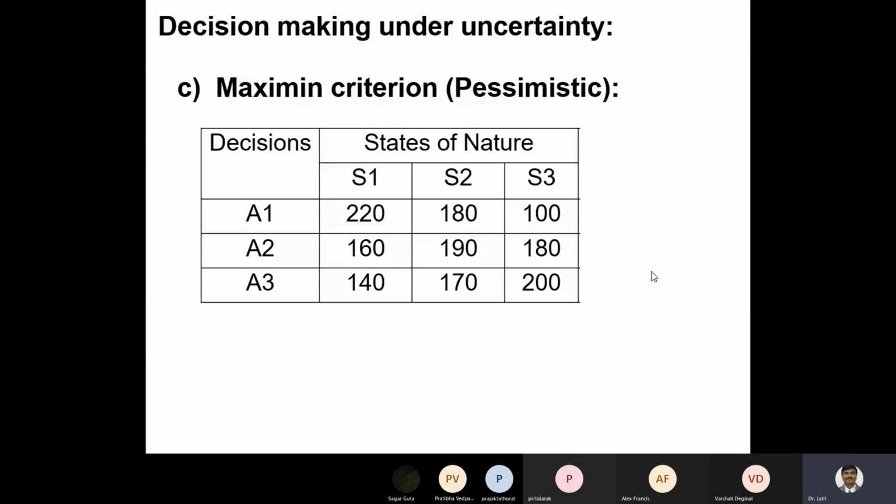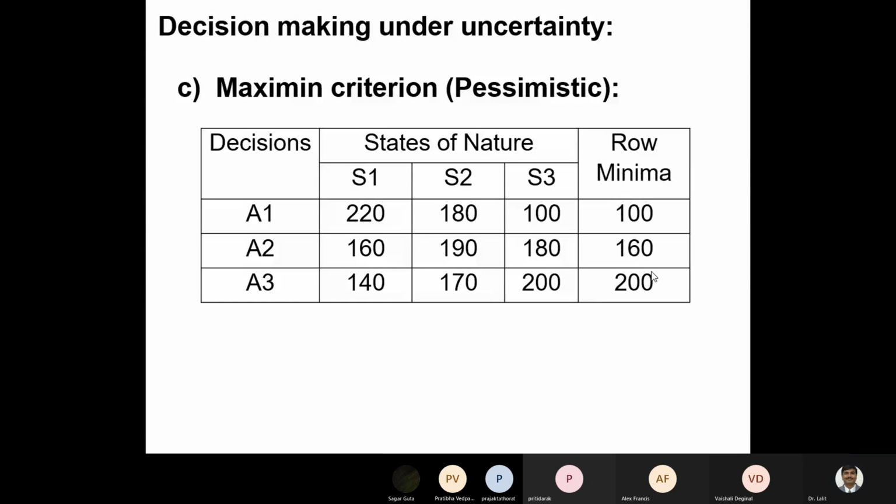Right. So under this criteria, first we determine the worst payoff for each decision. Now the role of the decision maker is to choose the best among the worst. So this is the Maximin criteria, or pessimistic approach.